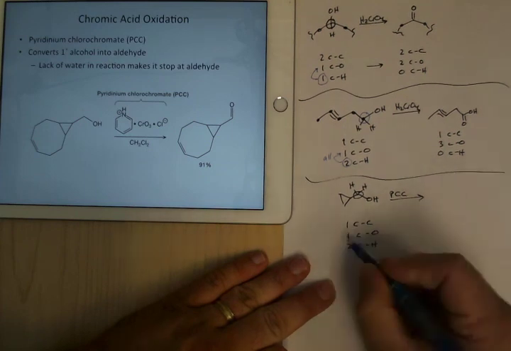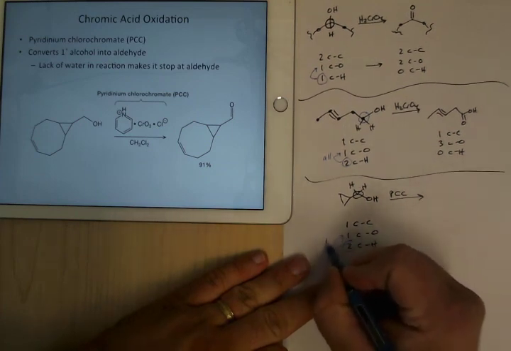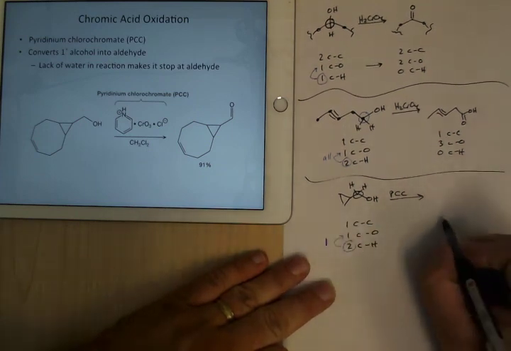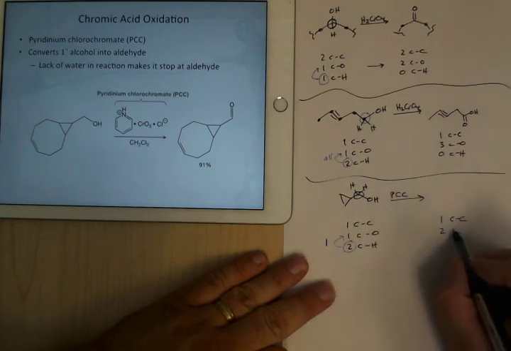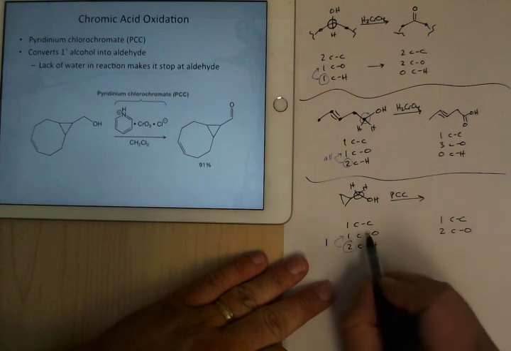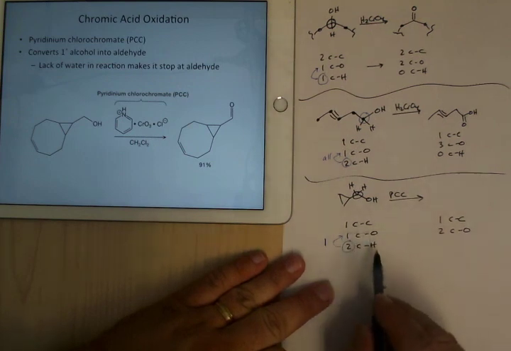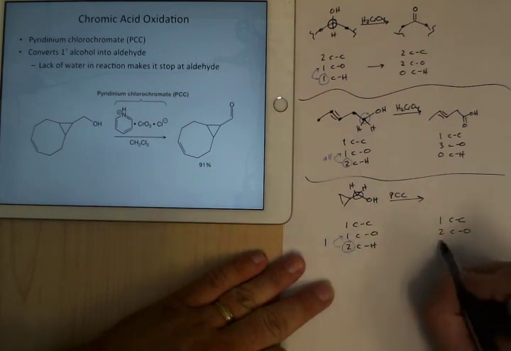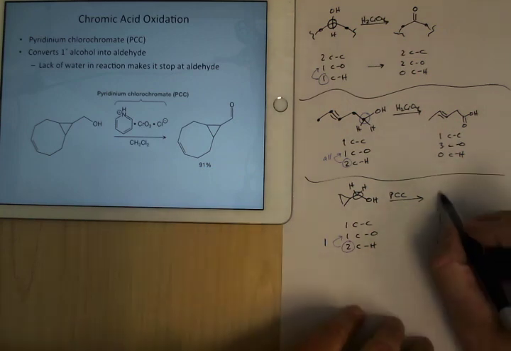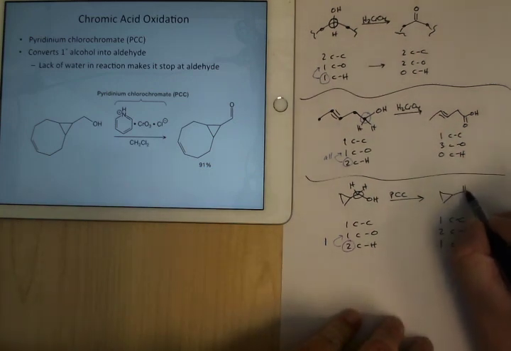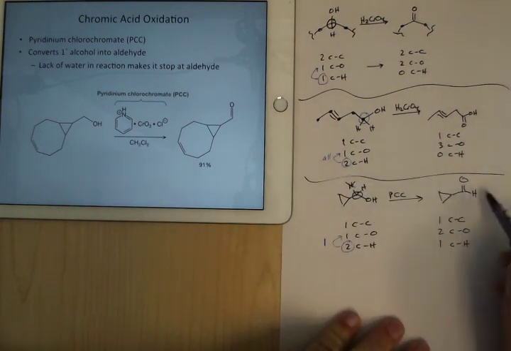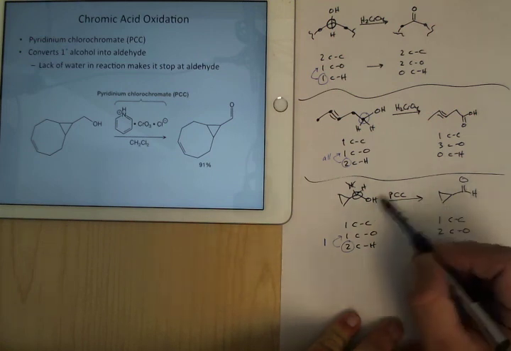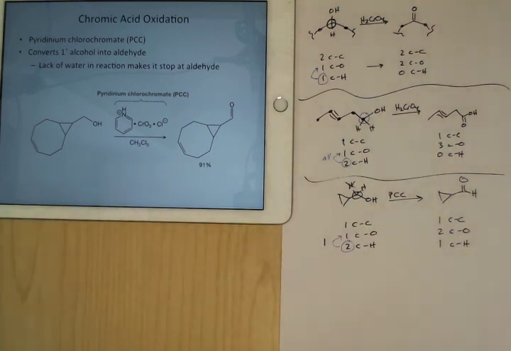Now for the PCC, we're only going to convert one of them up. So our new site is going to have 1 carbon-carbon bond and 2 CO bonds: 1 from where it originally had it, and then 1 from one of these CH bonds. We take out one of those CH bonds to make a new CO bond, and this hydrogen just goes away.